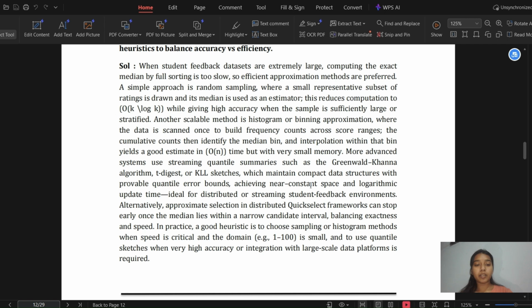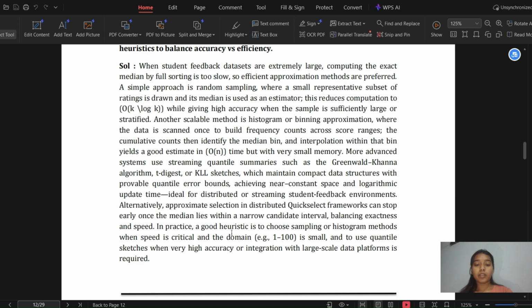More advanced systems use streaming quantile summaries such as the Greenwald-Khanna algorithm, T-digest or KLL sketches, which maintain compact data structures with probable quantile error bounds, achieving near constant space and logarithmic update time, ideal for distributed or streaming student feedback environments. Alternatively, approximate selection in distributed quickselect frameworks can stop early once the median lies within a narrow candidate interval, balancing exactness and speed in practice.